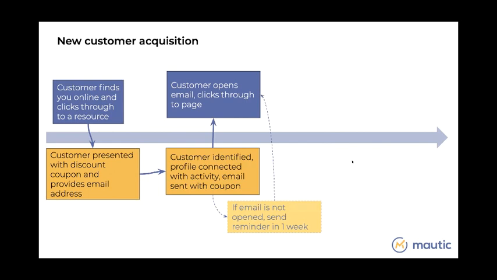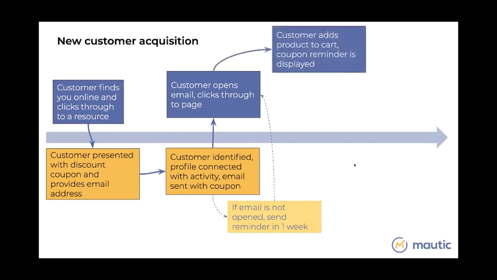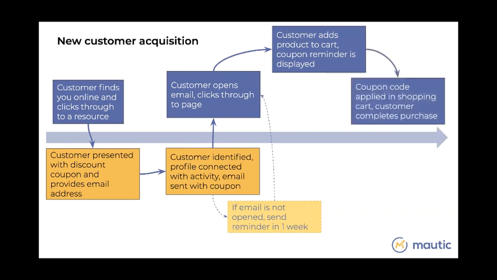But in case this person did not open the email and click through the link, you can automate it so that after 1 week, if the email is not opened and the link is not clicked, you can resend that same email to this person. From there, the person adds your product to cart, and a coupon reminder is also displayed. By then, you can capture this lead.